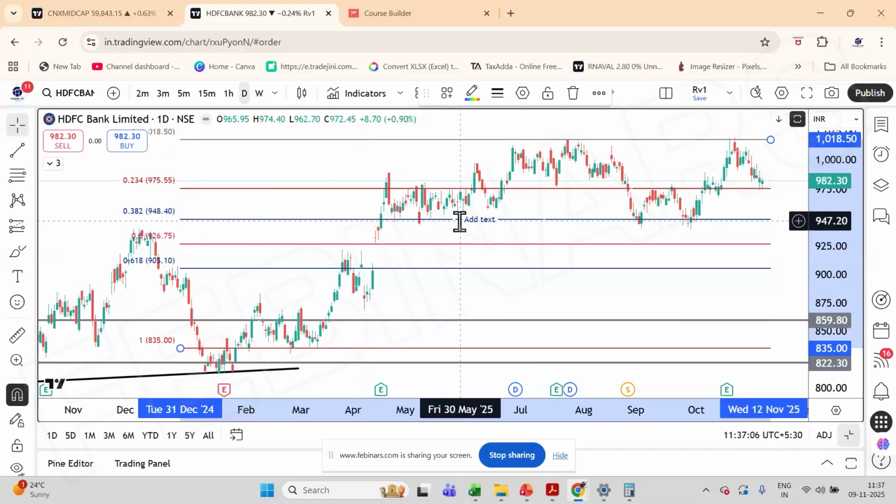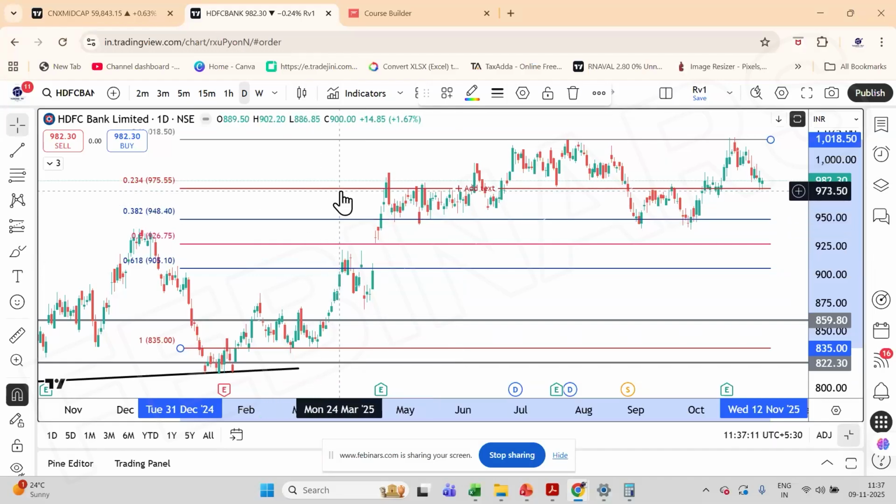Basically, it is hovering around the golden ratio point multiple times. Now again, the retracement towards the zone of demand is happening above 974. Yeah, 970. HDFC Bank is a sell.